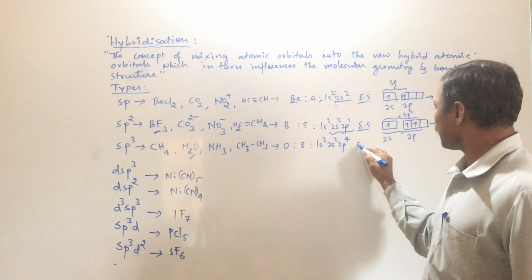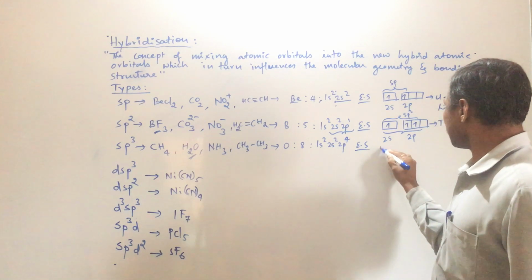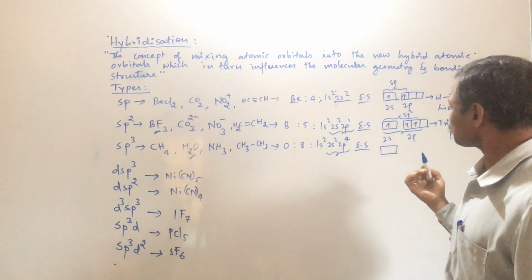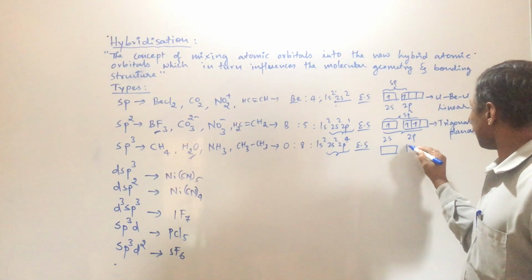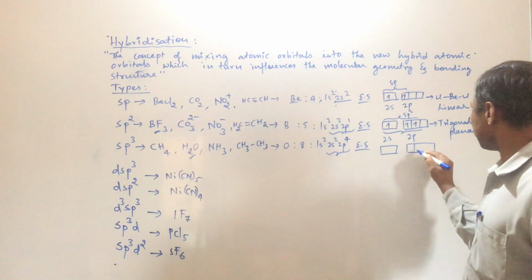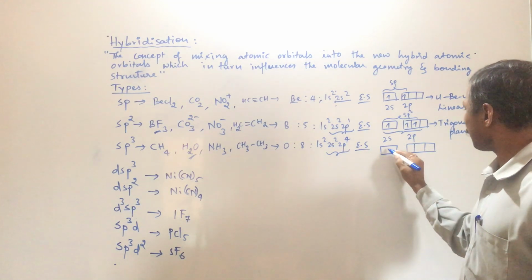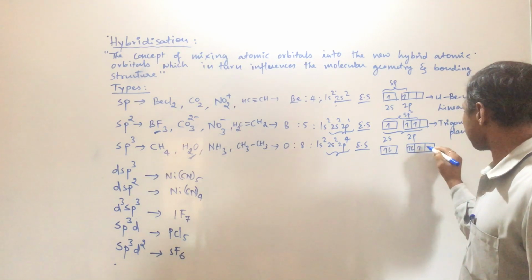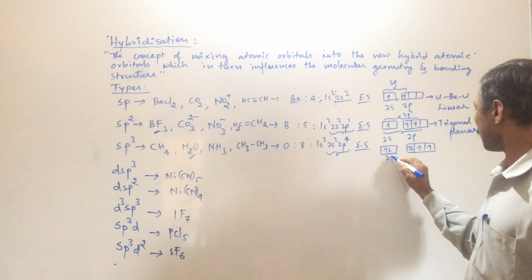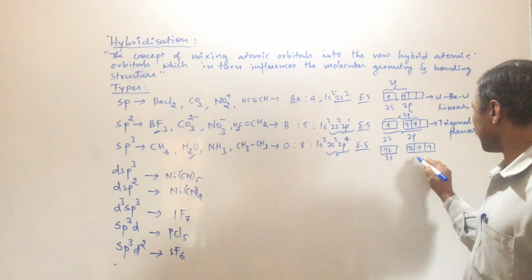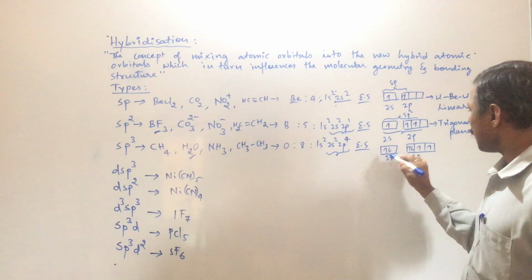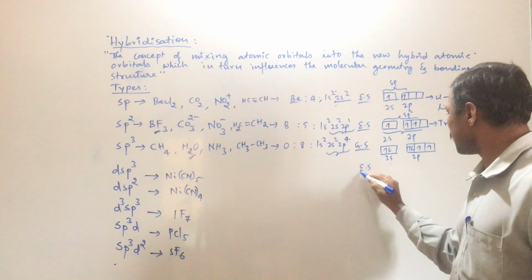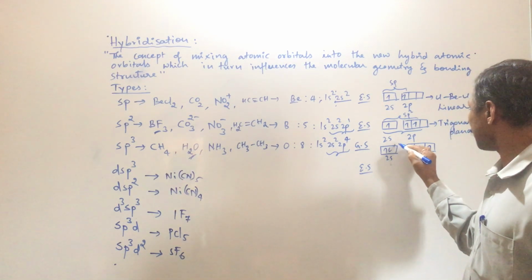Here, when it goes to the excited state, the electron will jump from the valence shell. In the ground state, 2s and 2p, and in the excited state, the electron will jump.